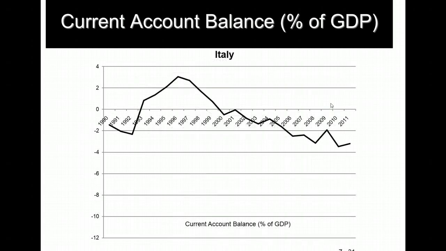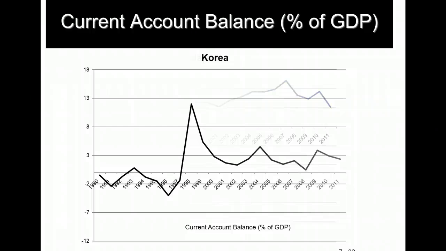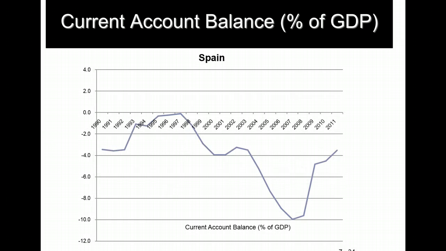Italy, not too large, but they've been running trade deficits for quite some time. Japan has been running decent trade surpluses for quite some time. Korea, modest trade surpluses, with the exception of the spike in the late 1990s.